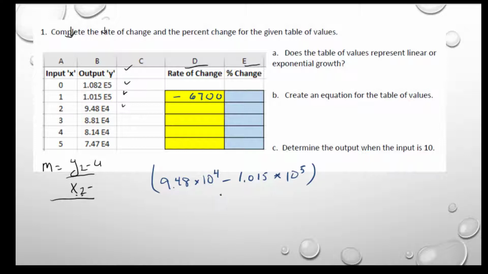Put that all in parentheses. That's y2 minus y1 right over here, divided by x2 minus x1, which in this case is going to be 2 minus 1, which even I can do that one. So these are going up sequentially, so the denominator is always going to be 1. So now why don't you try to put that in your calculator and I'll put up the answer. And if you did it like I did it, I got negative 6,700.